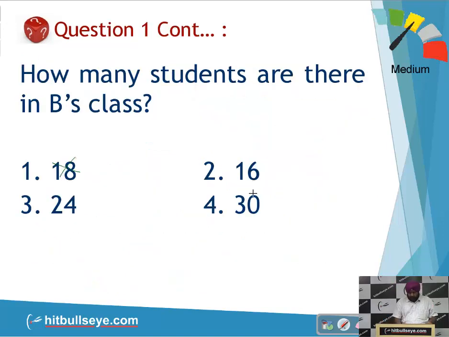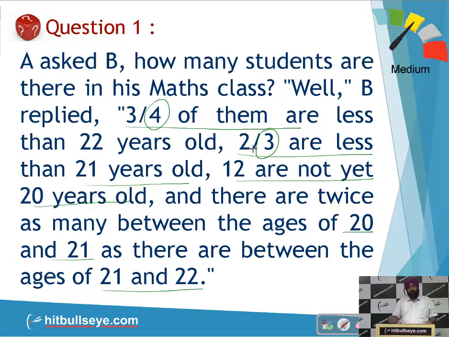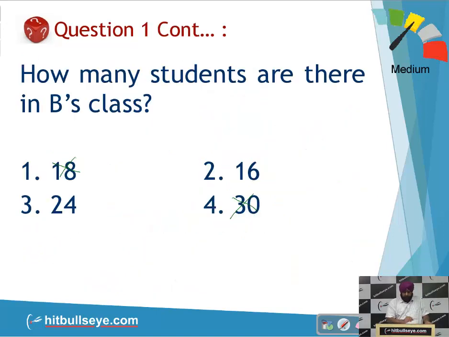So 18 and 30 cannot be the answer. And since the question talks about 2/3 of the students, it should also be a multiple of 3. So 16 is also not the answer. So the answer is 24, which is a multiple of 3 as well as 4. This is the power of fan solution.